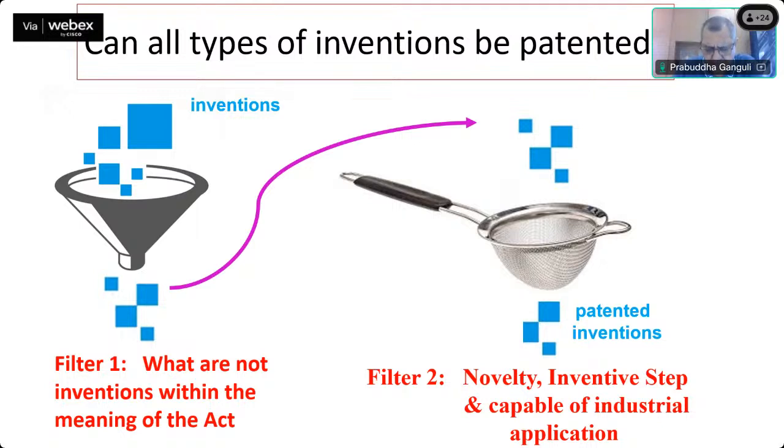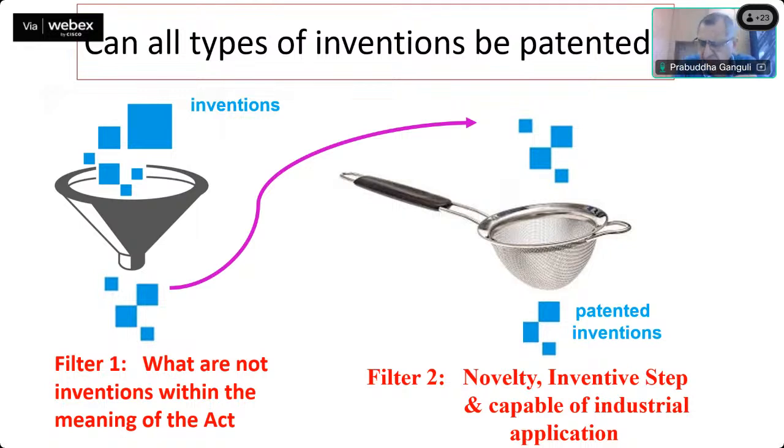In filter 2, the measures are this term called novelty, there's a term called inventive step, and the term called capable of industrial application. So there are 3 benchmarks, and all the 3 benchmarks must be satisfied by your invention.